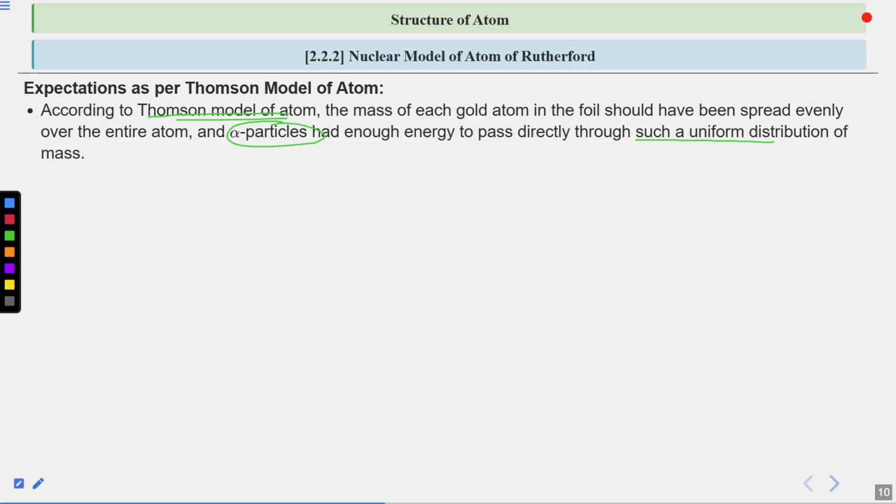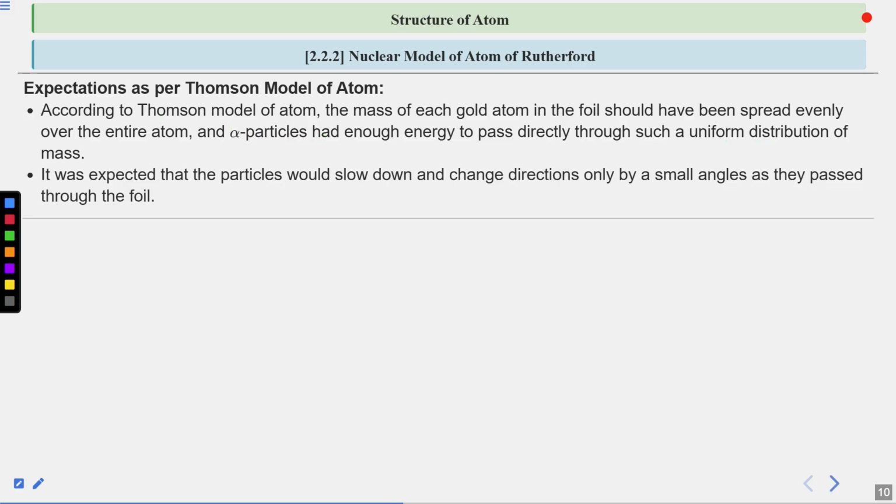So it would penetrate. Either all of them should penetrate, or if it is deflecting, then all of them should deflect. It was expected that the particle would slow down and change its direction only by a small angle as it passes through the foil.